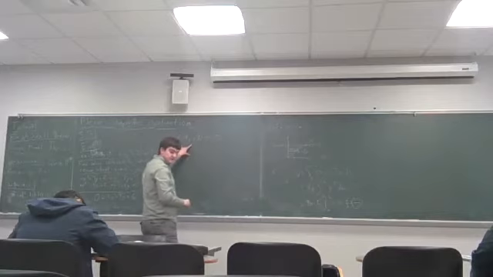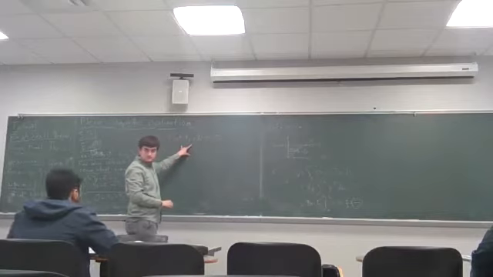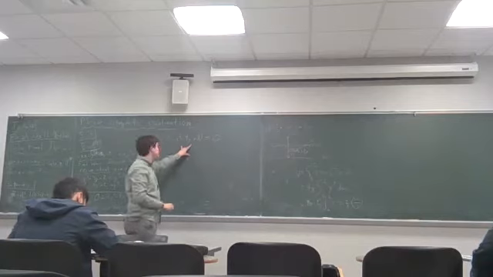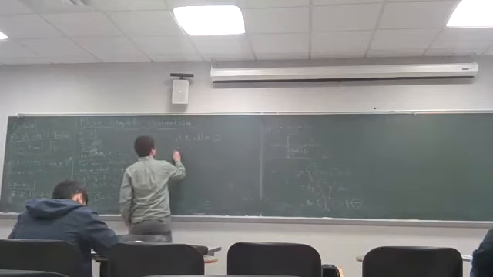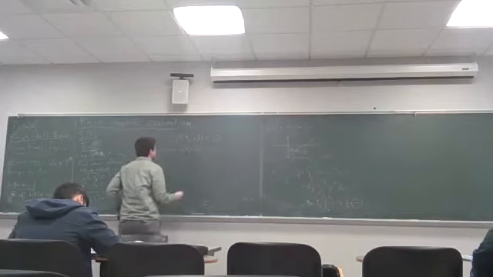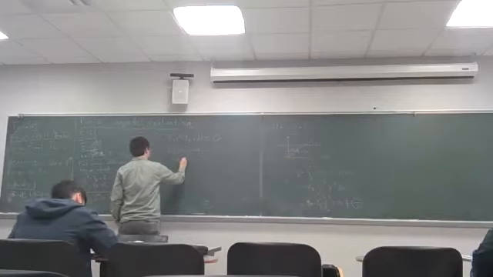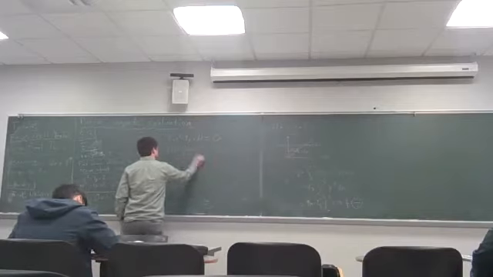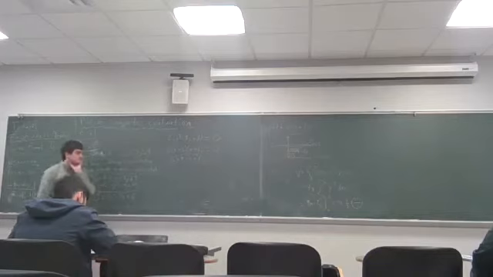Can I do anything with this? y minus 3 times y minus 1. So then what are my two y values? y equals 3 and y equals 1. Okay, so those are going to be my two bounds.